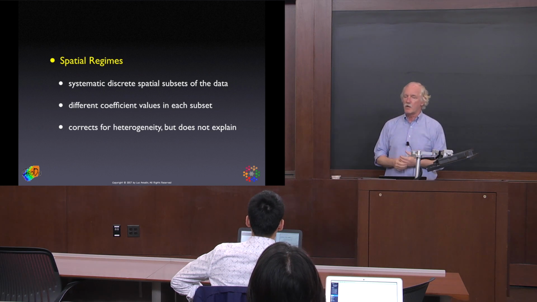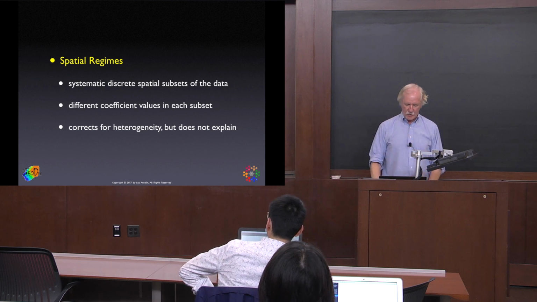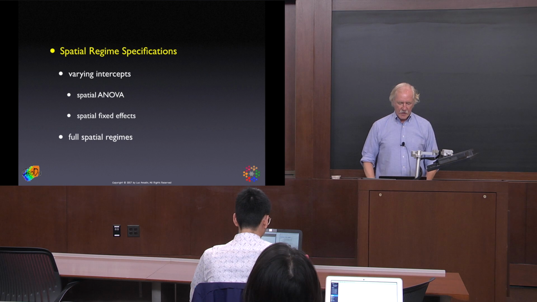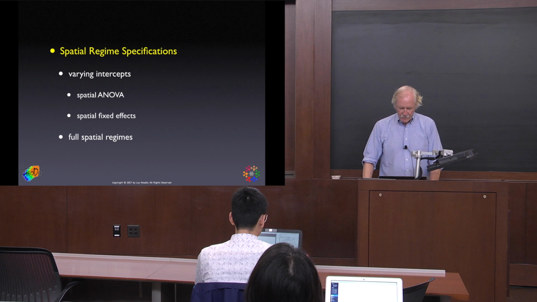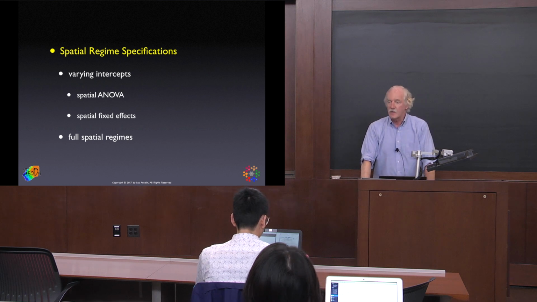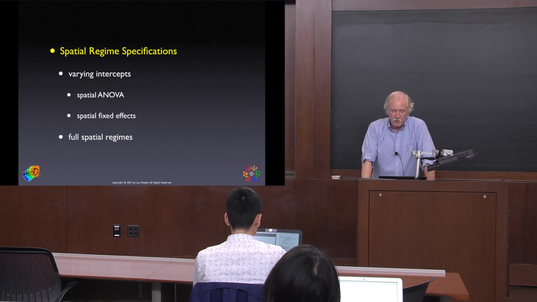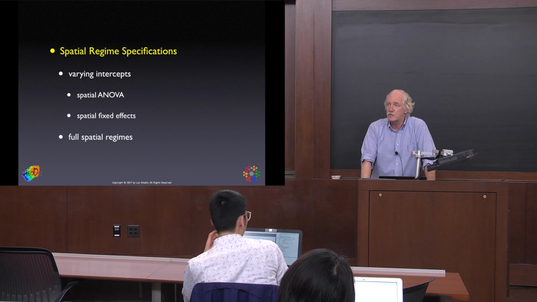And some of the other models try to at least get a better handle on the why these different subsets exist. And so the regime specification goes from very simple things to very complex things. The simple things are spatial fixed effects, of which spatial analysis of variance is a special case.